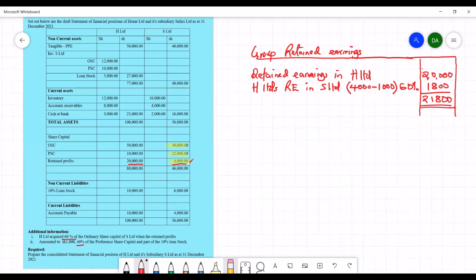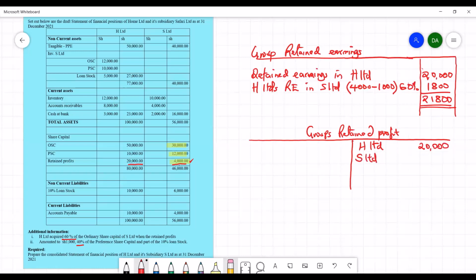If we are preparing that using the T account method, as I have been illustrating before, then you can have group's retained profit equal to H Limited. In H Limited, the group's retained profit is equal to 20,000. That one you don't have to calculate anything. And in S Limited, the group's retained profit, which should be included, we have calculated above there. It is 4,000 minus 1,000.